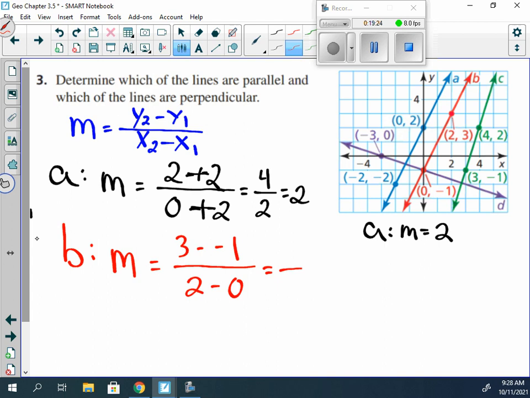Here, the negative and negative would make a positive. So 3 plus 1 is 4. 2 minus 0 would be 2. Well, 4 divided by 2 is 2. So the slope for line B, m, is equal to 2.